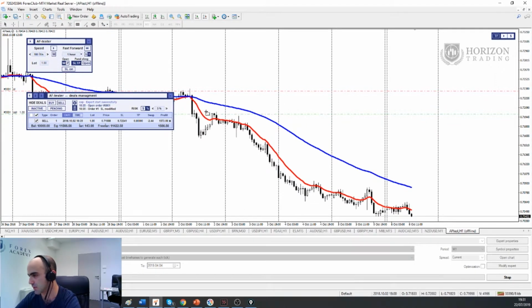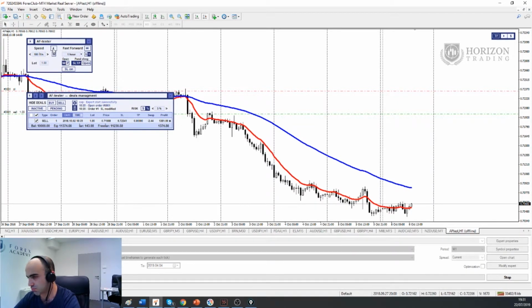As you can see, after a very nice steep movement over here, now the market is tending to move sideways, and I think now we will be happy to close our trade.